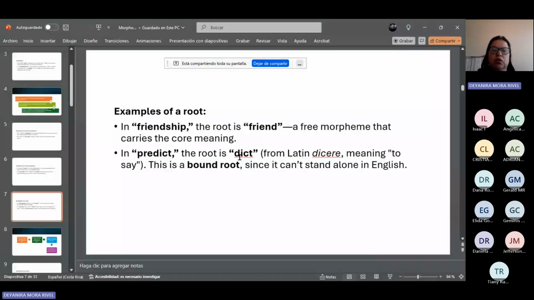So this root cannot be used on its own because it comes from Latin, and it does not have meaning in English, I'm sorry. So we can have a root that is not a free morpheme. It is a bound morpheme. So we have to use it with a prefix in this case.